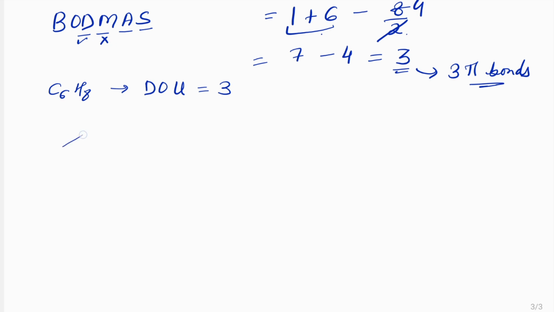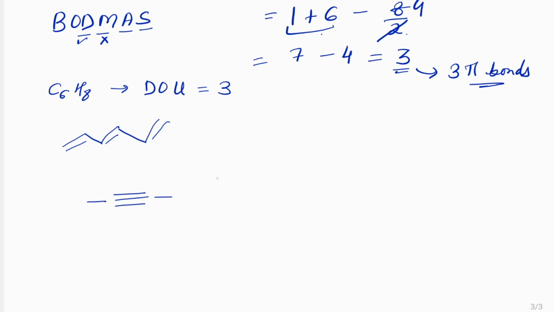One is like this, 1, 2, 3, 4, 5, 6, with alternate double bonds. Same formula, C6H8. Then you can form a triple bond over here.